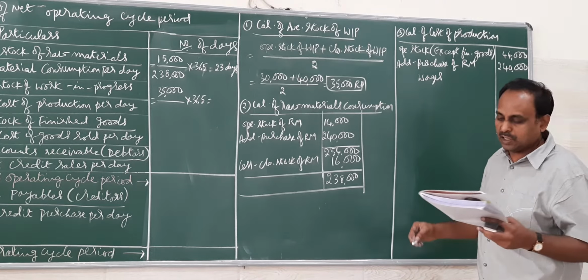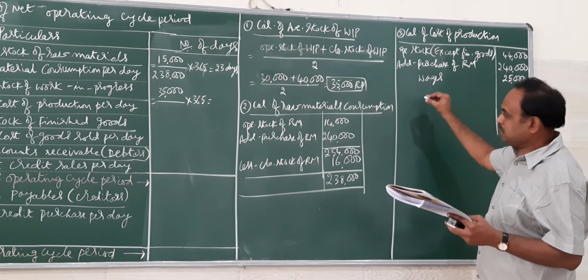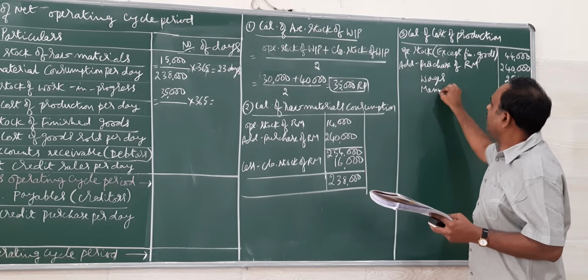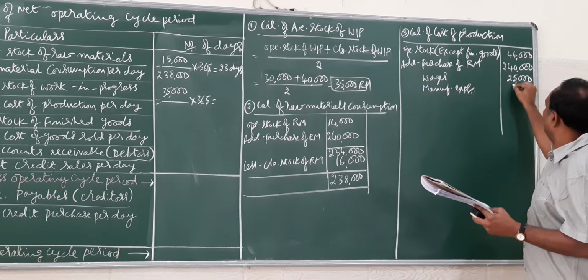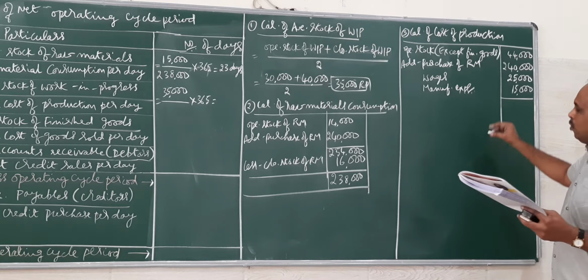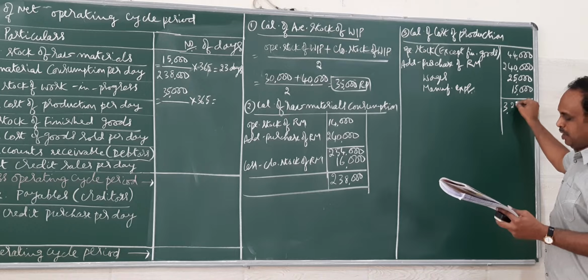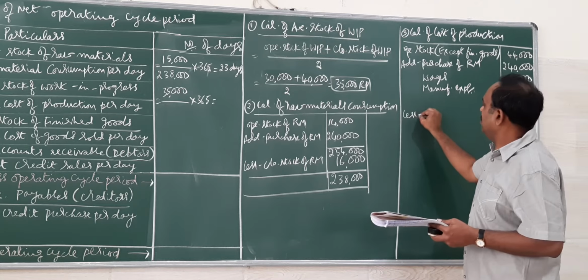It is on the debit side of the profit and loss account, wages 25,000. Then you have manufacturing expenses also on the debit side of the problem. So add all the four. You are going to get 3,24,000. Then less closing stock of all except finished goods.